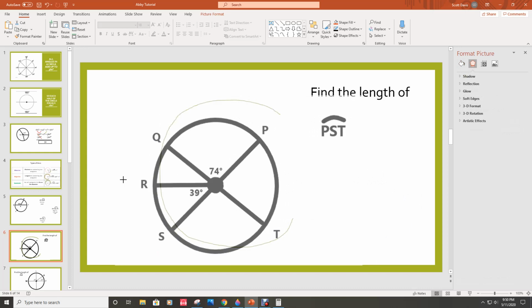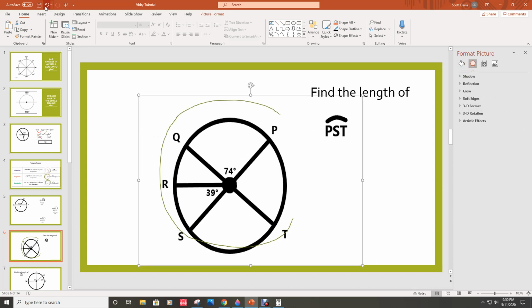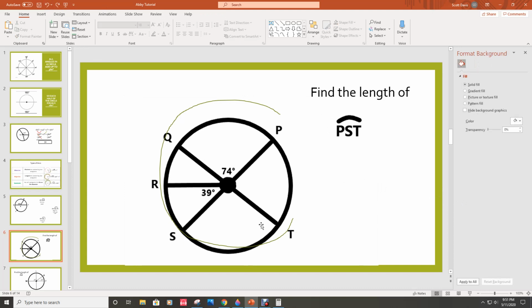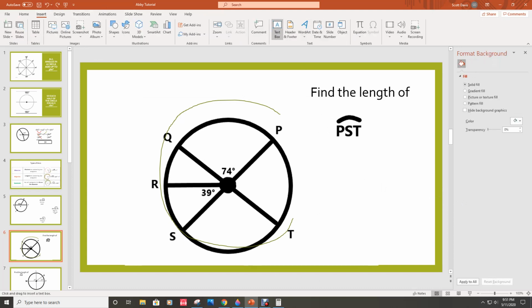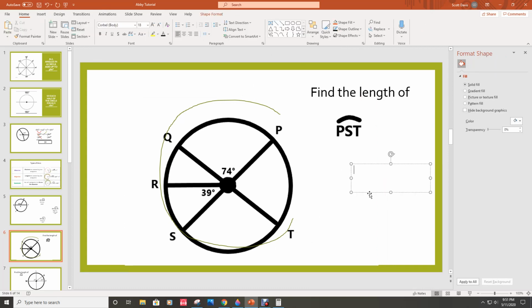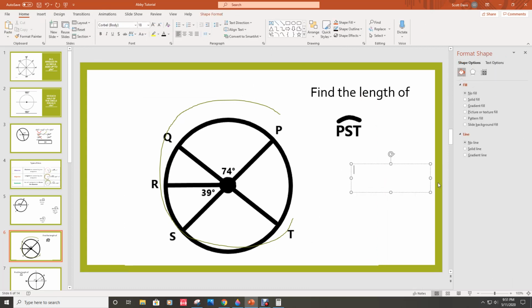So, we are going to do 74 plus 39 plus, I know it doesn't have an X, but we don't know it, right? So we're going to put an X. X equals 180 degrees.